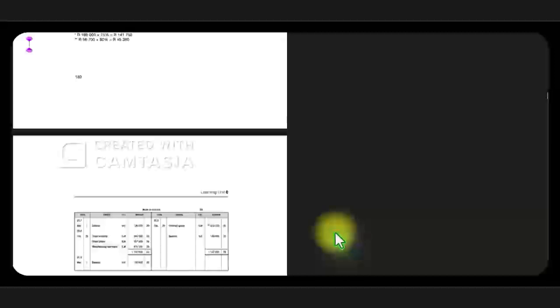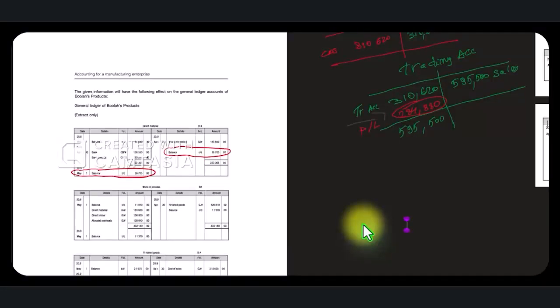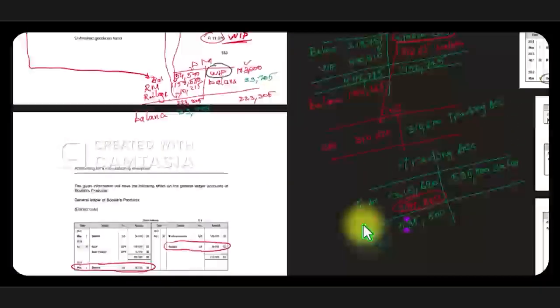Remember this progression, it is very important. The cost of sales will become an account in its own right, and we need to balance the finished good and the trading account.